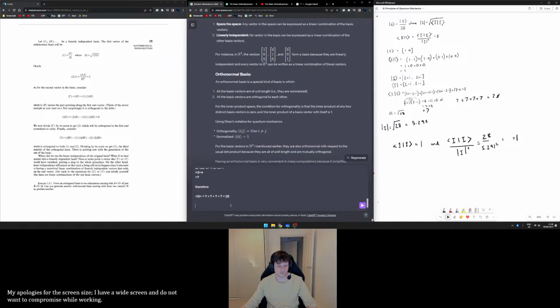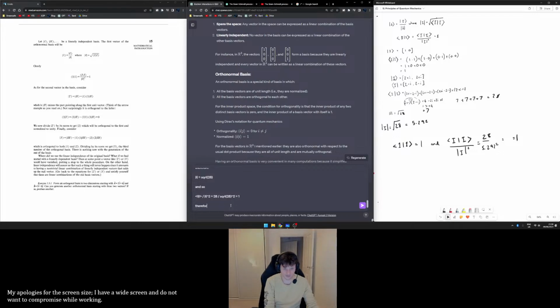Makes sense. Therefore, I equals square root of 28, and therefore equals 28, and so I divided by I to the power of 2 is equal to 28 divided by square root of 28 to the power of 2, which equals 1.